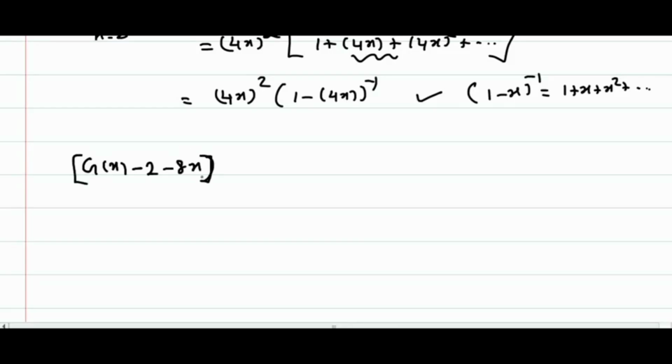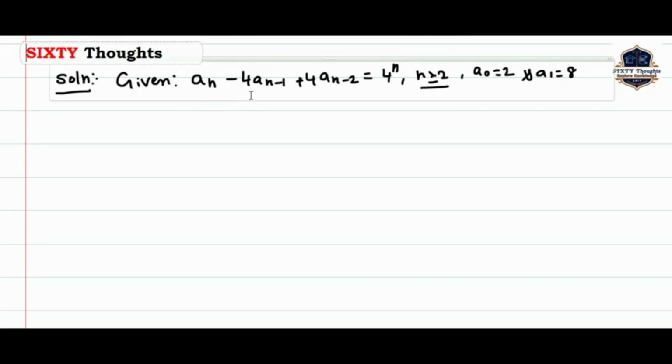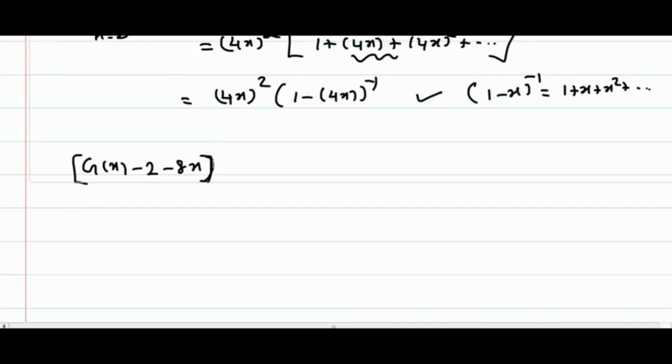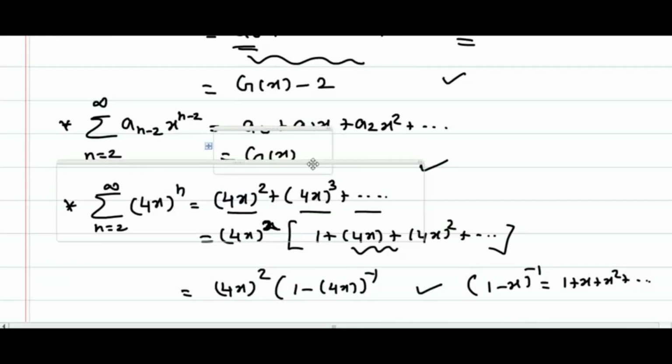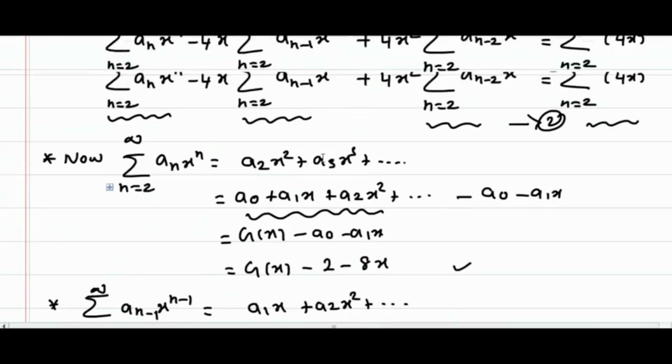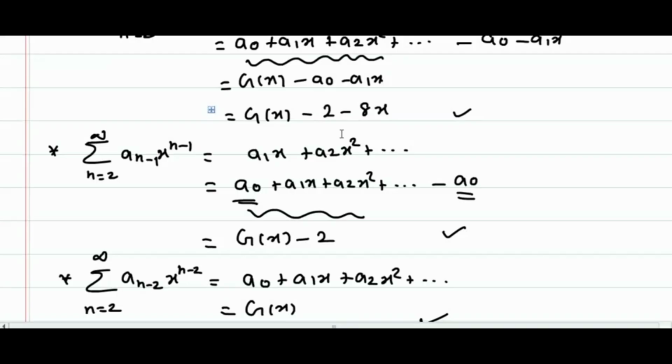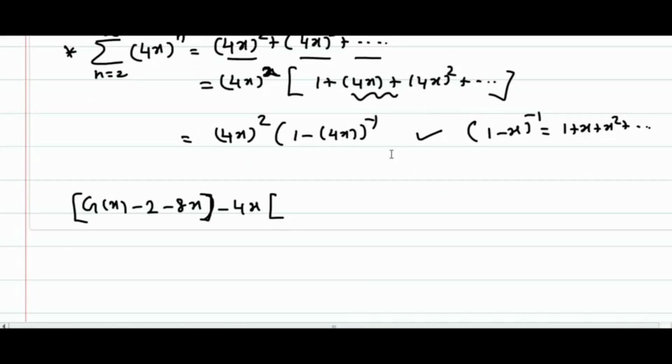What is the second term? Minus 4 into x into what? This is your second term: g of x minus 2. Substitute here. So we get g of x minus 2. Third term: plus 4x g of x.